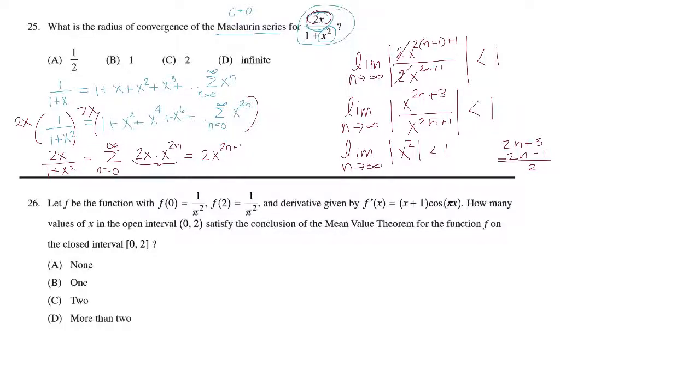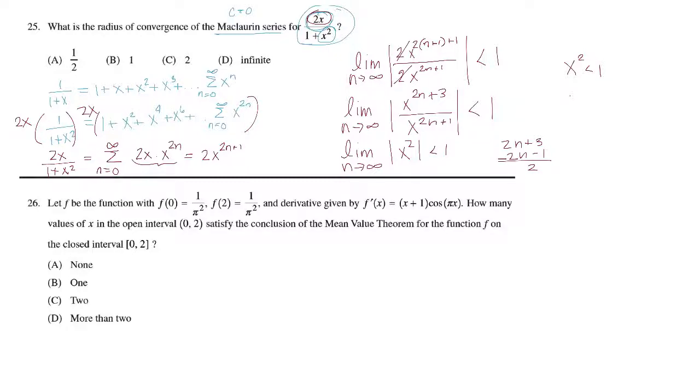So then that means absolute value of x squared, that's kind of redundant, so we're just going to say x squared has to be less than 1. All right, so x squared less than 1, and we've got to bound it over here too.